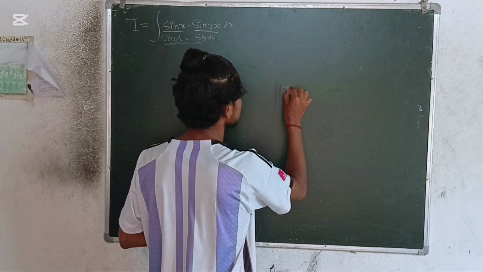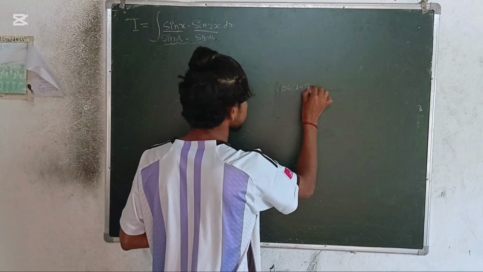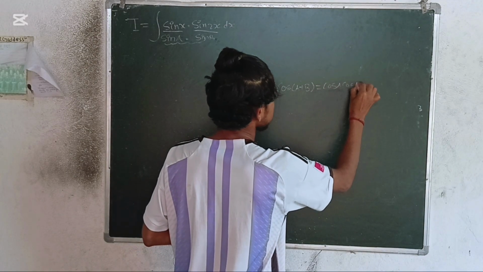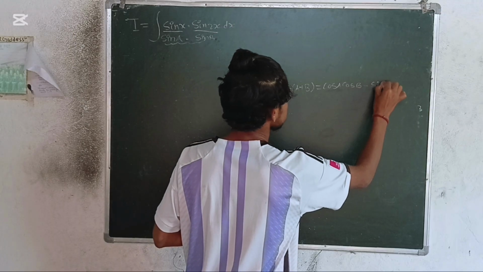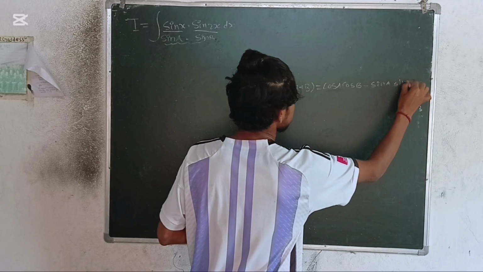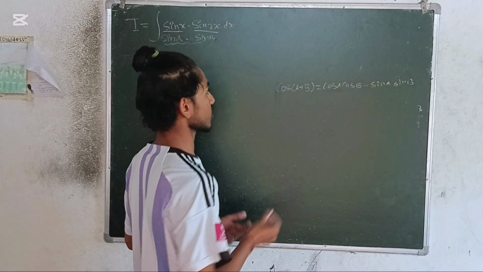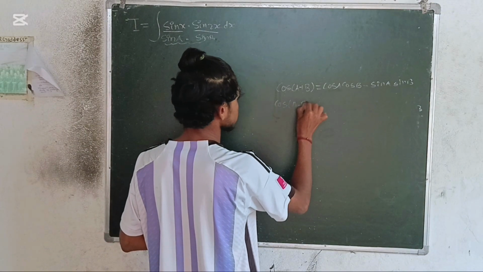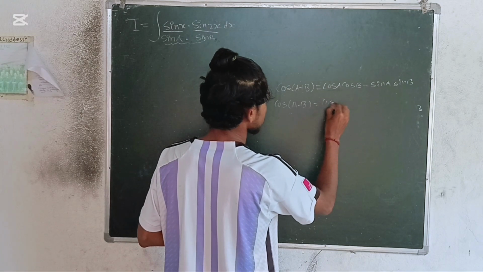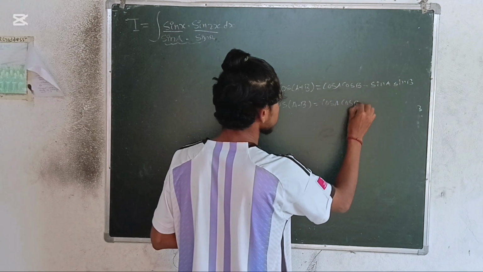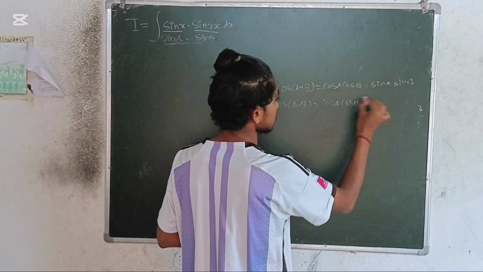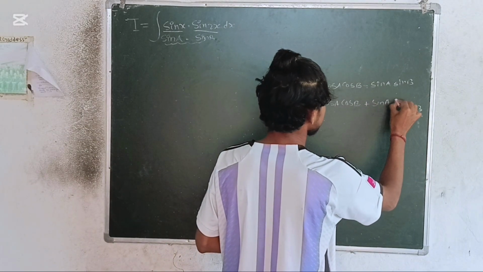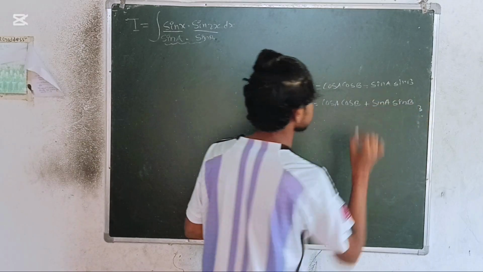We have cosine of A plus B, which is going to be cos A cos B minus sine A sine B. So this would be our first relationship. Another is cosine of A minus B. This is cosine A cosine B, and the minus will be plus here. It's a trick just to memorize. Sine A sine B.